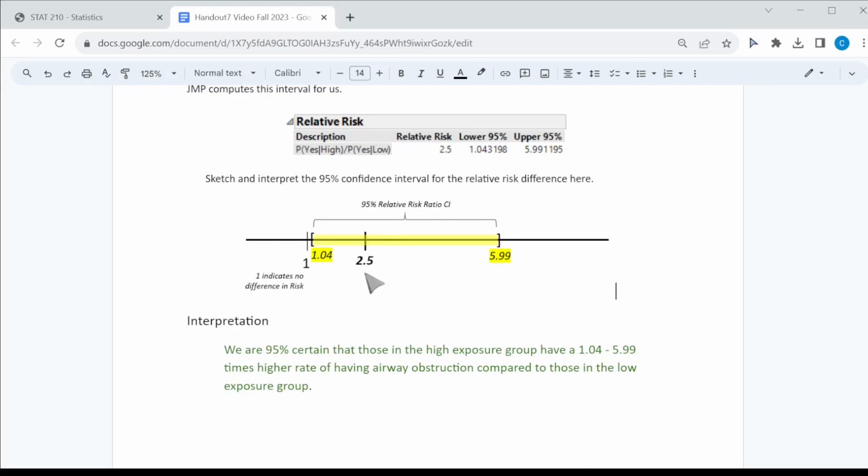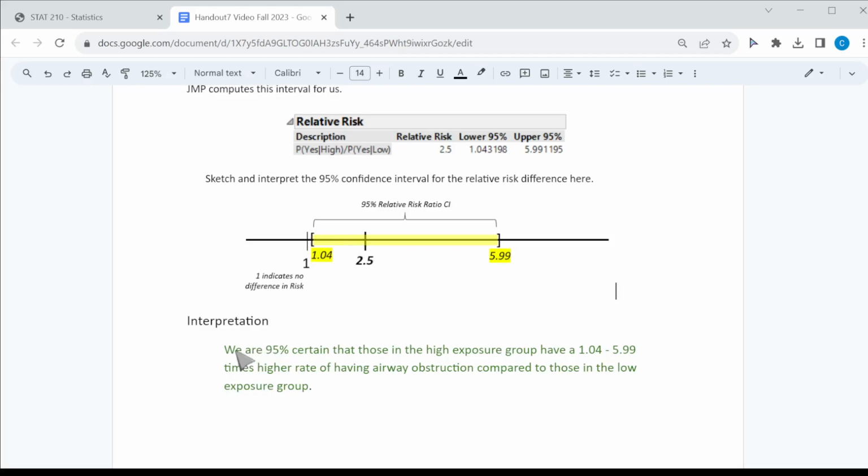So how do we interpret just the 2.5 again? If we talk about how we did that in class, we just say those that are in the high exposure group are 2.5 times more likely to end up with airway obstruction than those in the lower exposure group. Again, it has to do with what we're putting in the numerator compared against what we're putting in the denominator. If I have to interpret the confidence interval, that's going to be the same, okay?